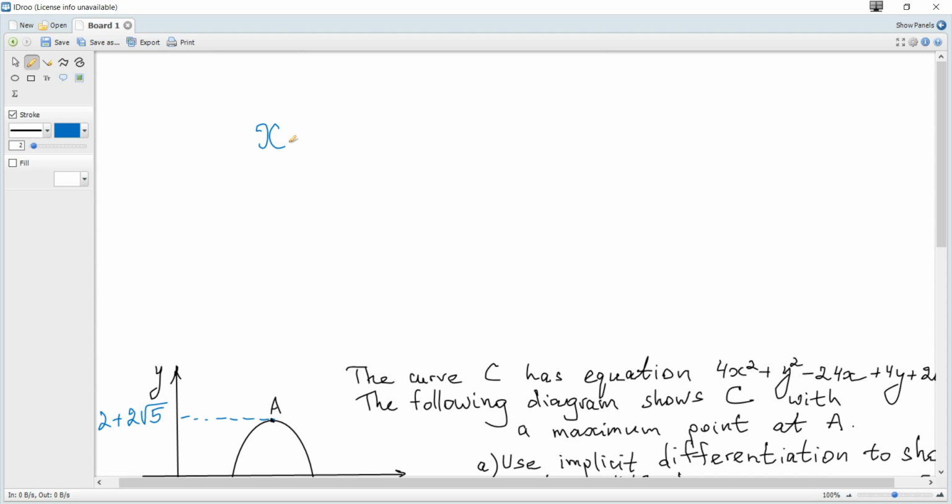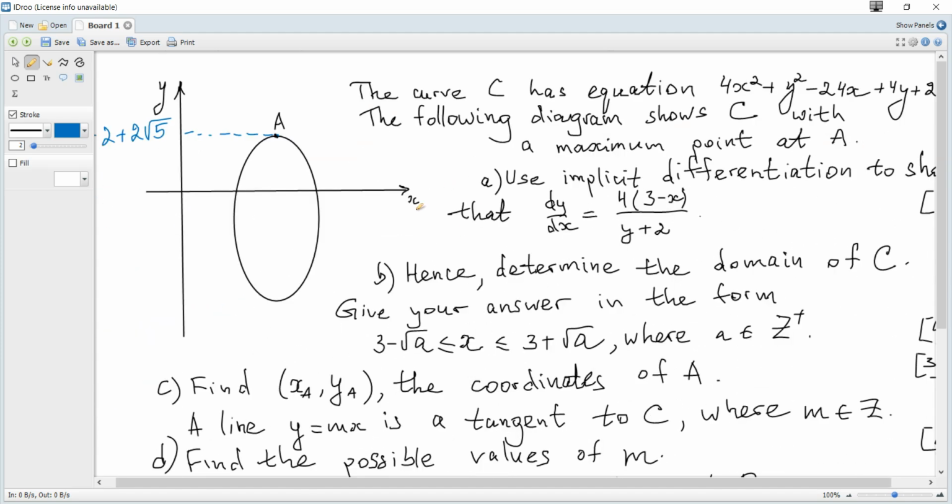So x of B is 1, y of B is negative 4 times 1, which is negative 4. It looks like this tangent, and point B is somewhere here, so that y is negative 4.